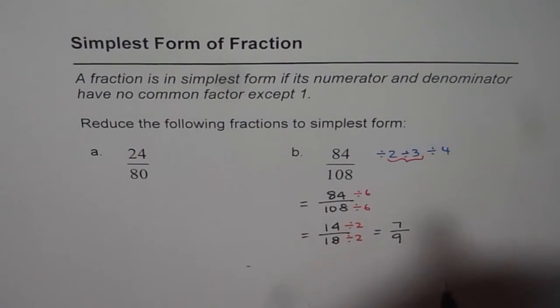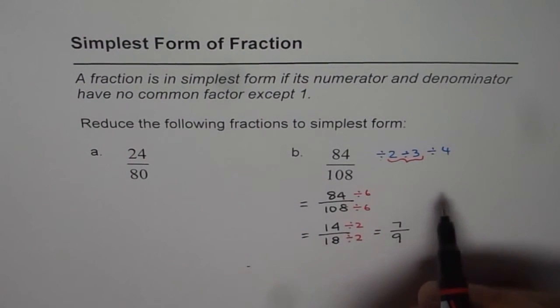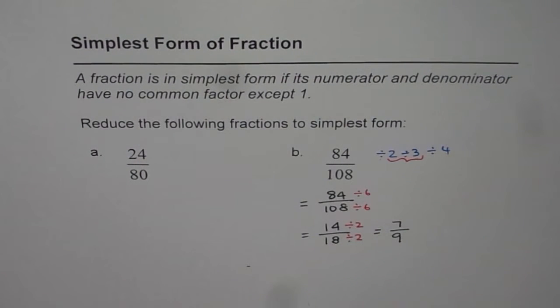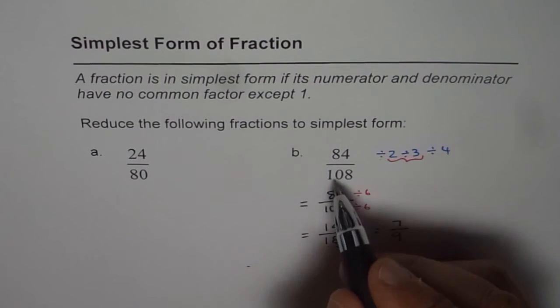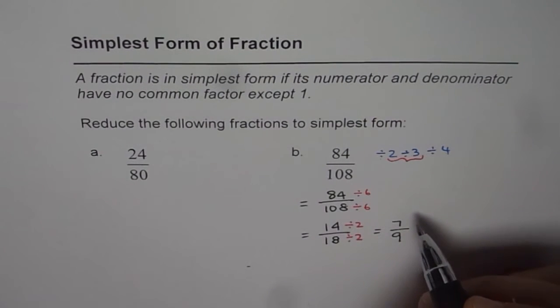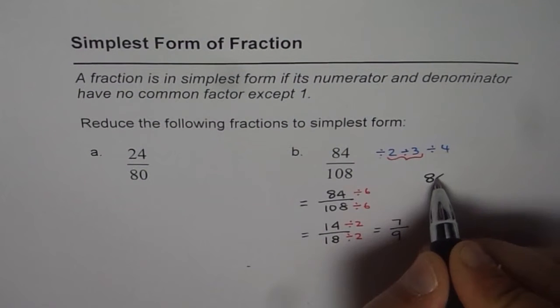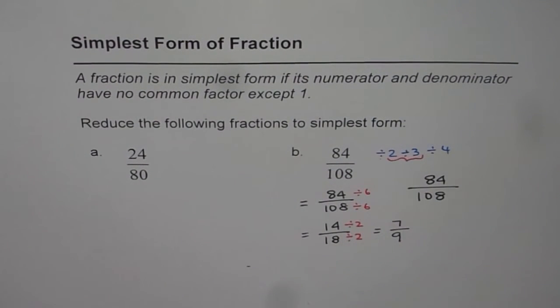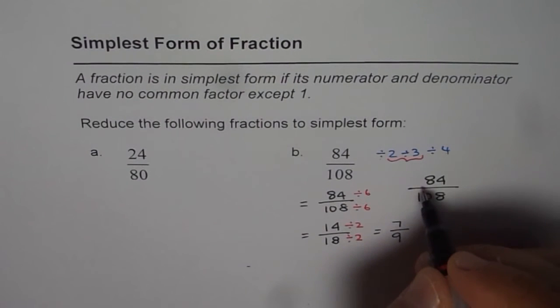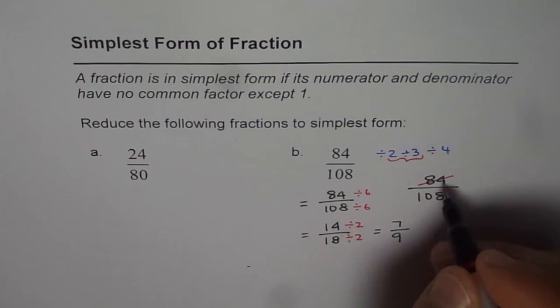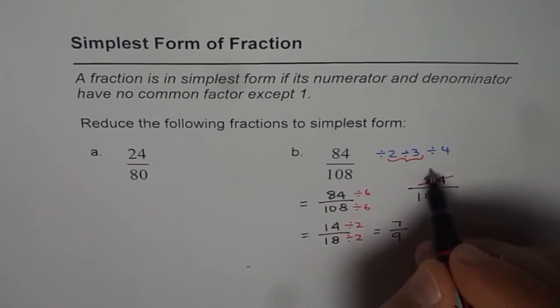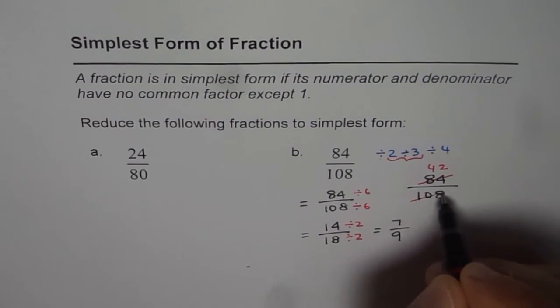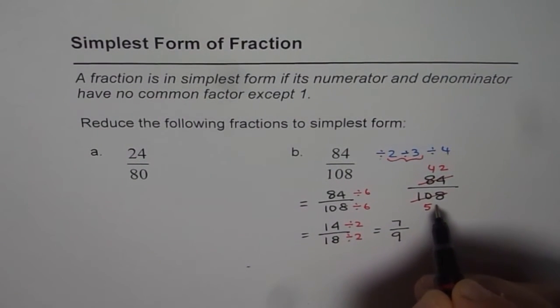What I will do this time is, I will show you this division right here on the side, and that is also a way of reducing this fraction to simplest form. So we have 84 divided by 108. We start dividing like this. Let's divide them by 2. Half of this is 42, and half of this is 54.